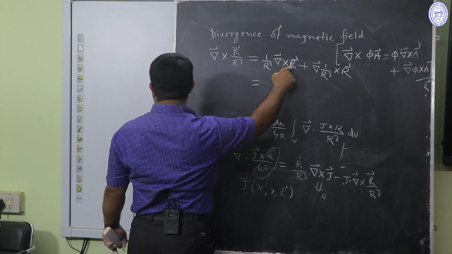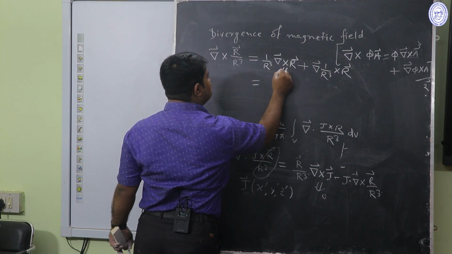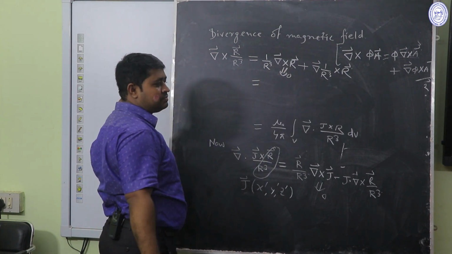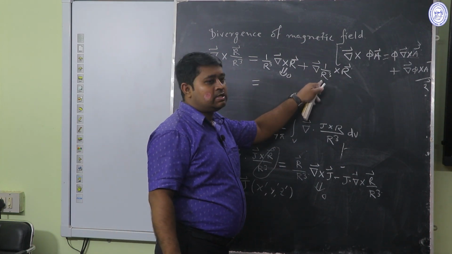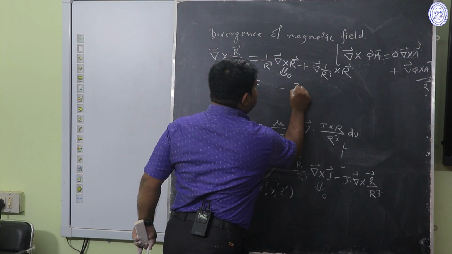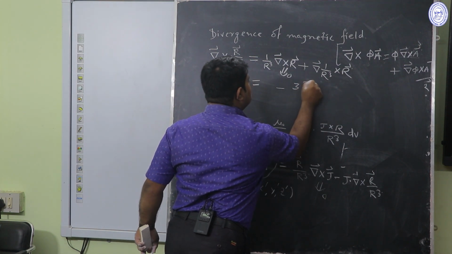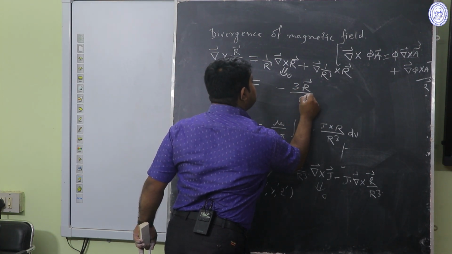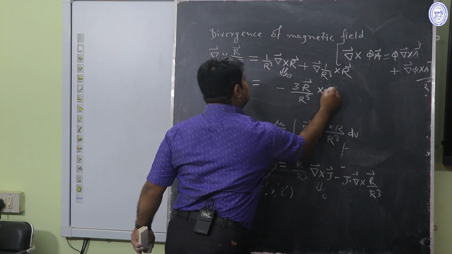Since curl of r is equal to 0, this term is equal to 0, and grad of 1 by r cube is equal to minus 3 r by r to the power 5, cross r.